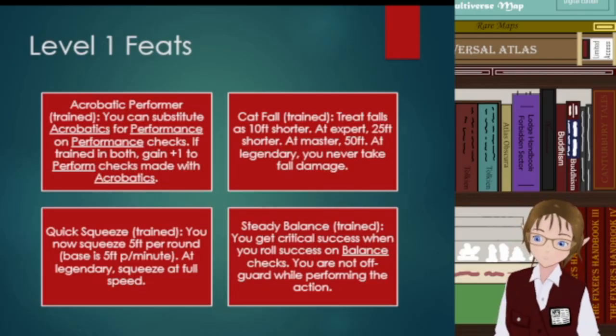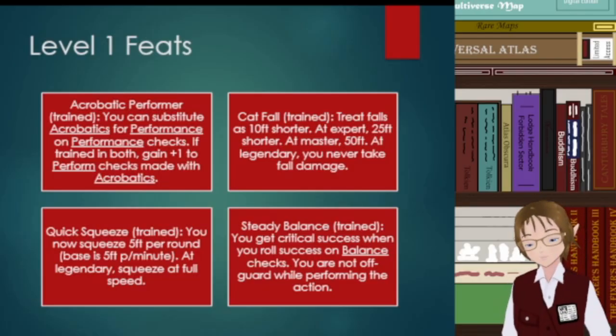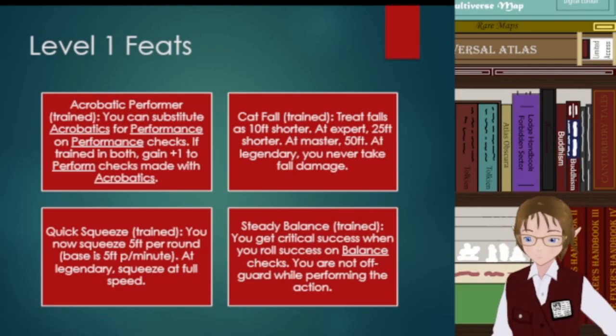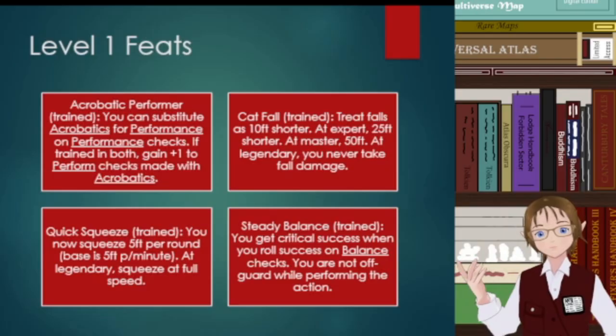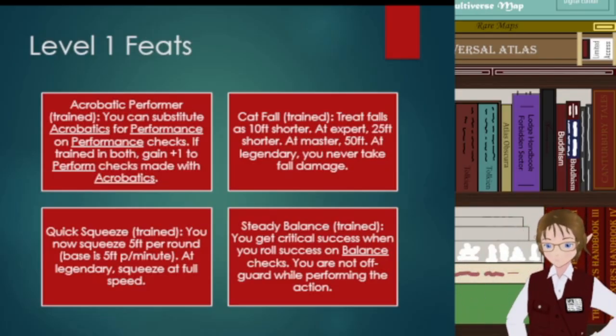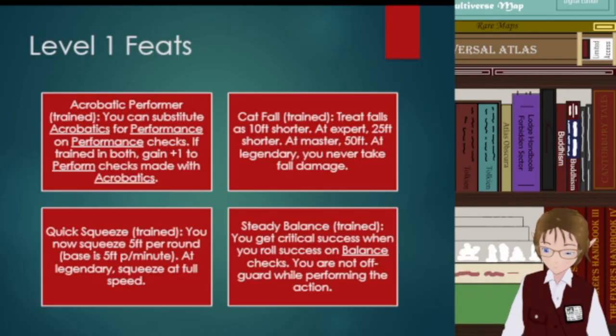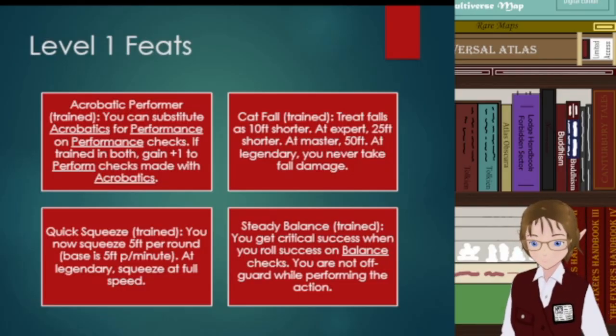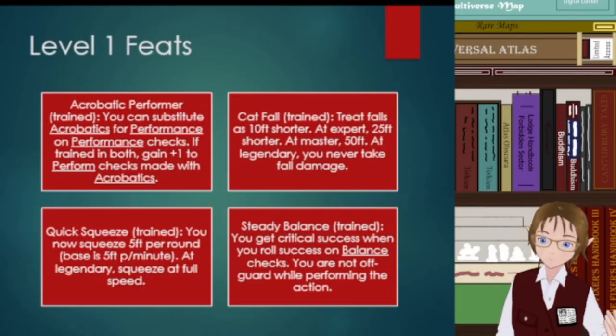By the time you reach legendary, you squeeze at your full speed, whatever that is, rather than the slower speed of 5 feet per round. Your full speed is 25 feet per round. So that means that you can move 250 feet per minute while squeezing at legendary proficiency.